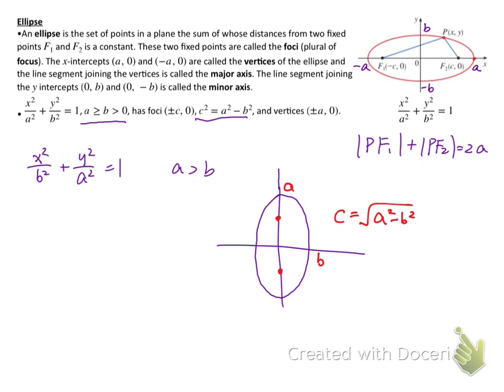And of course, when a and b are equal, you are going to have a circle. If a equals b, then the two foci shrink into 1 point, because a squared minus b squared equals 0, so you get to the center. The foci and the center all overlap together. You have a circle.